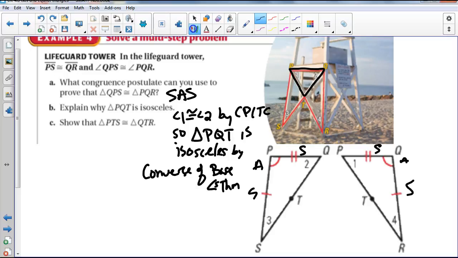So we had to use CPCTC to show we had congruent angles, and because I have congruent angles, the converse of base angles theorem shows that I have congruent sides. Okay? So that means that PT is congruent to QT by converse of base angles theorem.